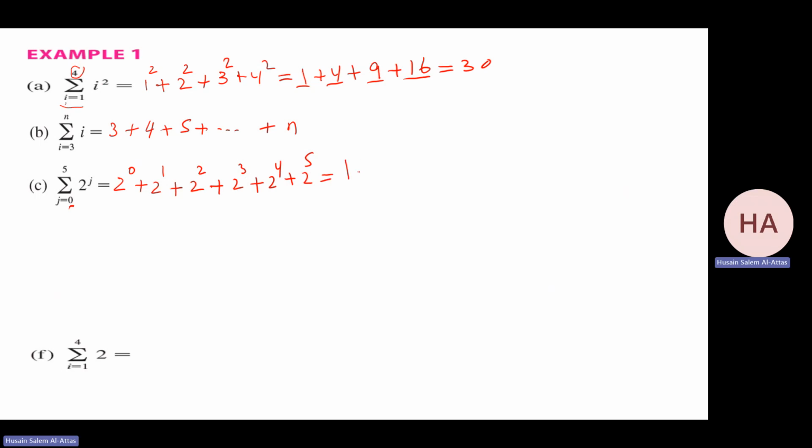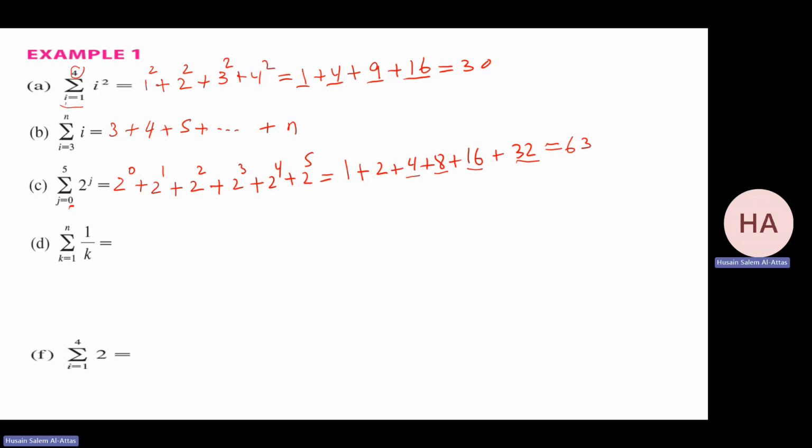That will be 1 plus 2 plus 4 plus 8 plus 16 plus 32. That gives me 63.